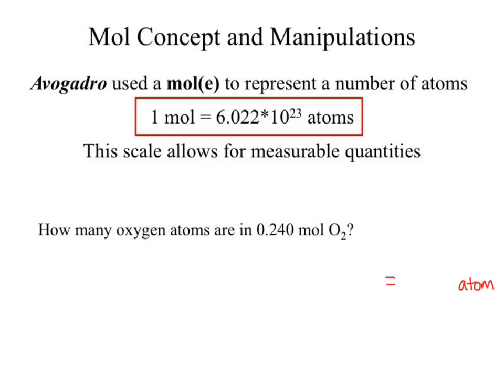An oxygen atom is just O. O2 happens to be an oxygen molecule. We have to be careful with the units and what we're being asked to calculate. So we'll address that in a second.